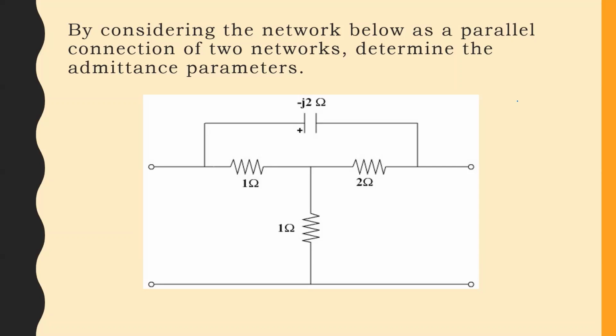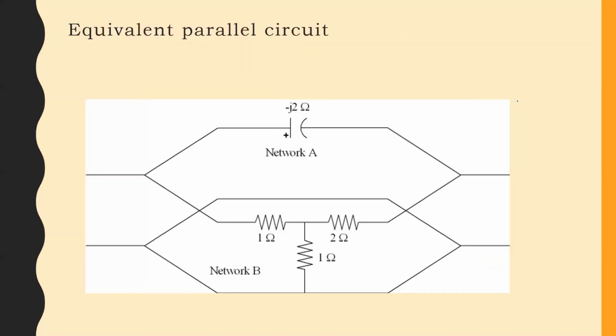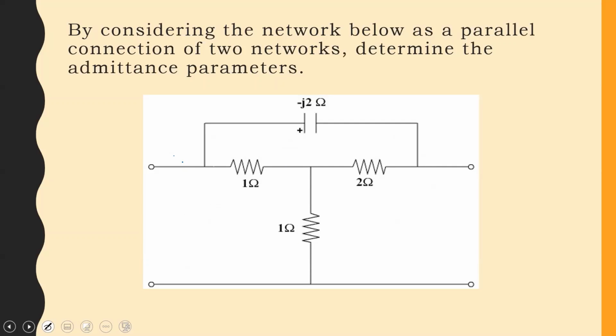So it may not necessarily be something that you would quickly see, but nonetheless, we can draw this as the equivalent network. We haven't changed anything, really. If you look back at the original network, current coming here would divide here and here.